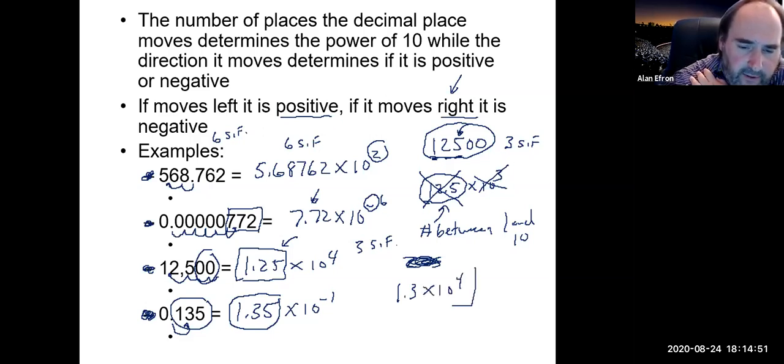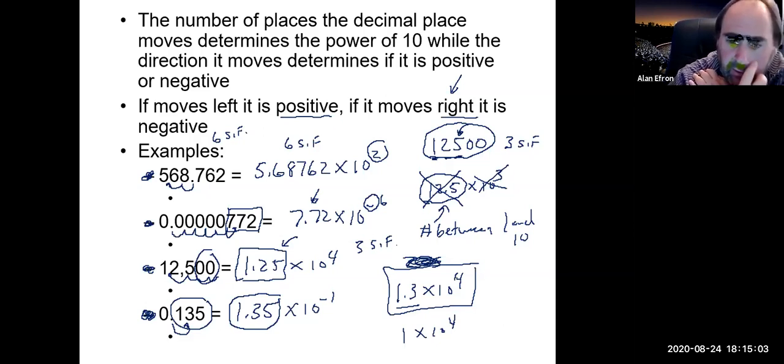And again, now we're able to control that to 2 significant figures. If we want to write this to 1 significant figure, we could do 1 times 10 to the 4th as well. So with scientific notation, you can sort of control how many significant figures your answer gets, which makes it really good in terms of getting a number into the right number of sig figs.